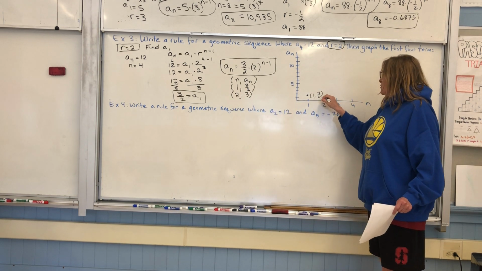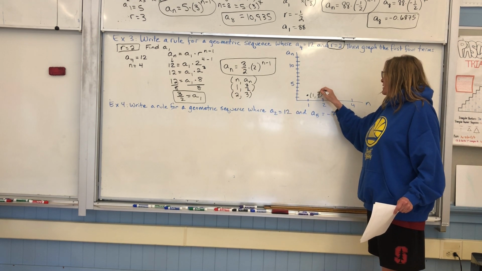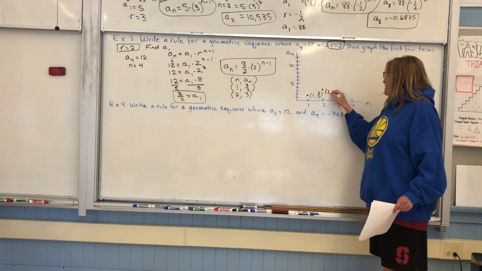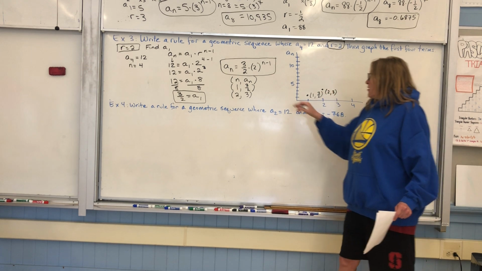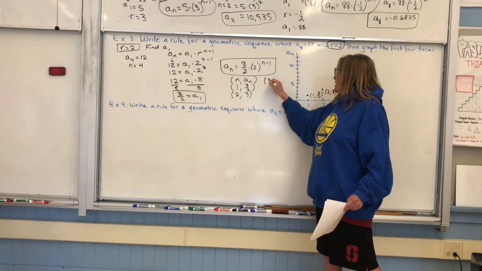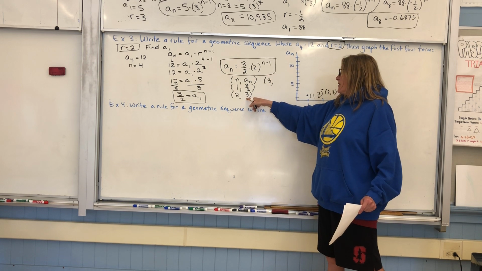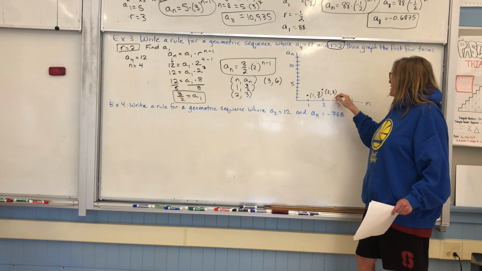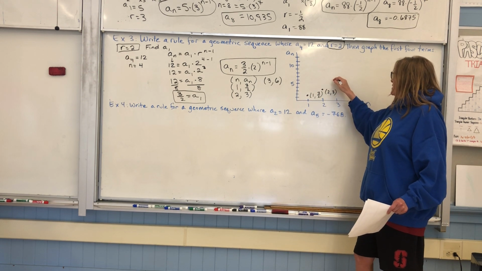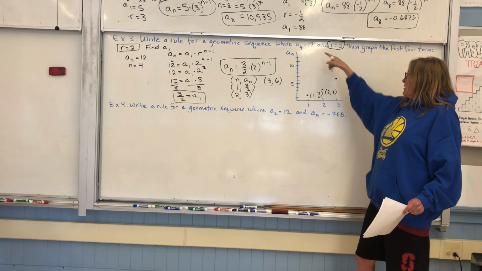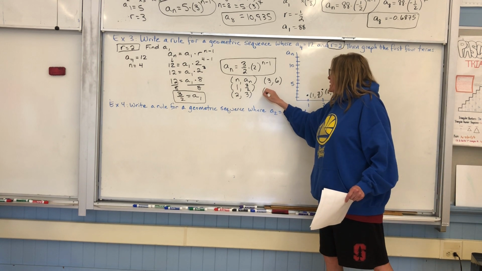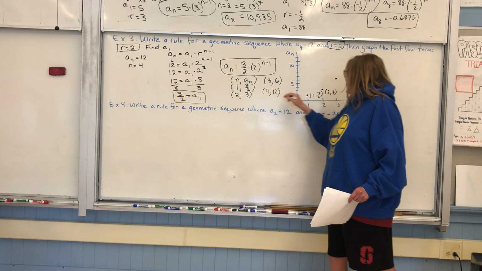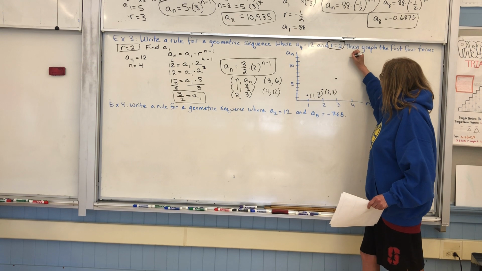So I'm going to graph 2 comma 3. Our third term is 3 times 2, I'm going to get 3 comma 6. I'm hoping you guys can see the swoop. And then we know our last point is 4 comma 12.